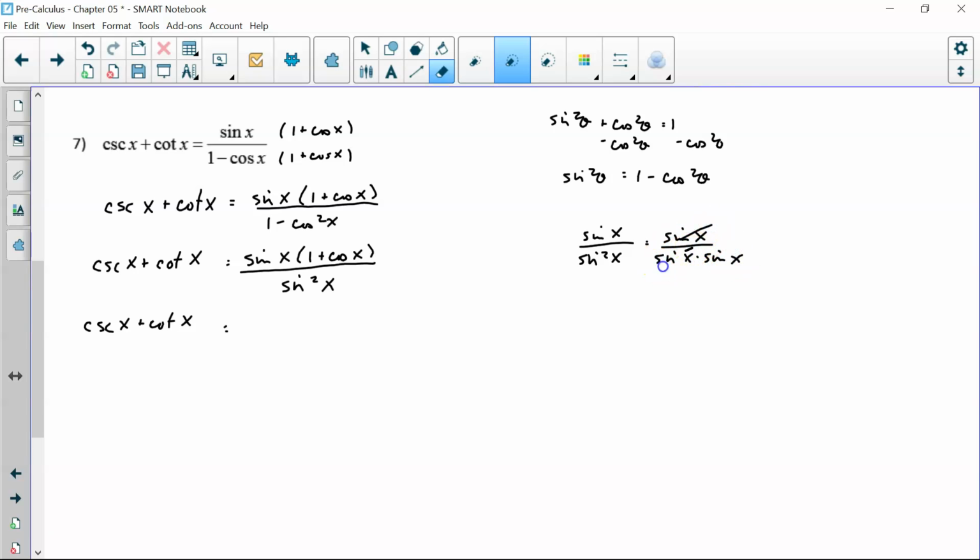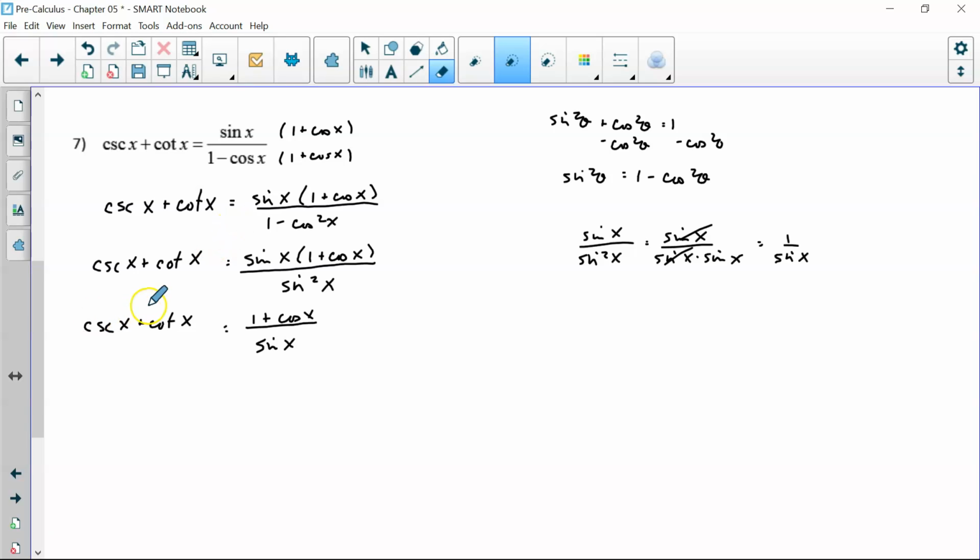So the sine on top and one of the sines on the bottom cancel, so we're left with 1 over the sine of x there. So what we end up with is 1 plus cosine of x over the sine of x. All right, we're getting close.